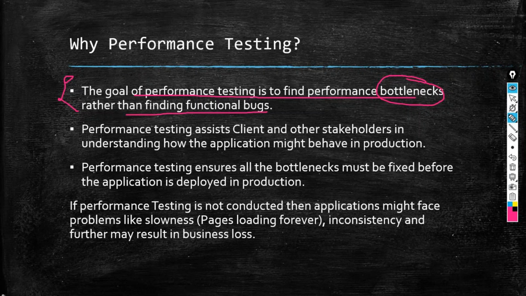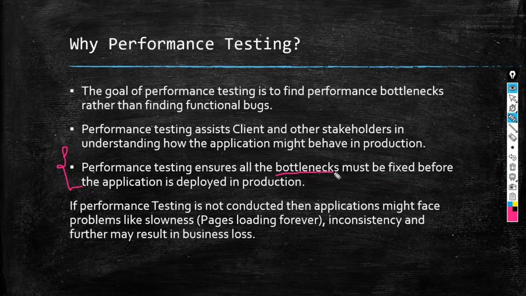The term bottleneck is nothing but a kind of performance issue, like any performance degradation. Performance testing ensures that all the bottlenecks or issues must be fixed before the application is deployed in production. That means before the end user accesses the application, all the performance issues must be fixed.